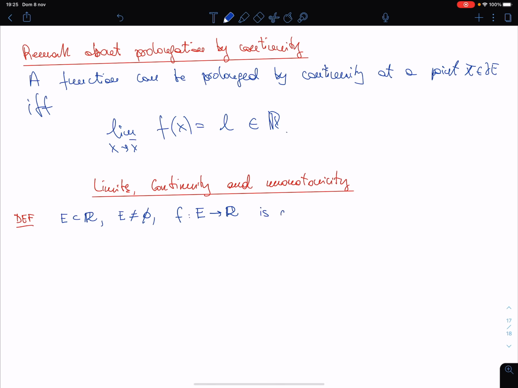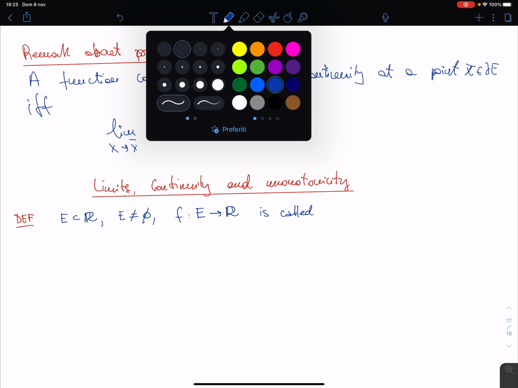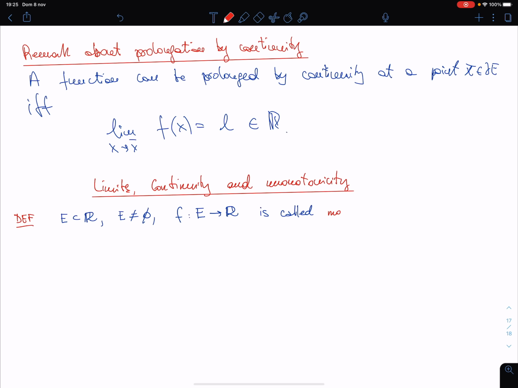So function f is called monotonically increasing if, whenever you take 2 points x and y in the domain of the function with x less than y, then f of x is not larger than f of y.